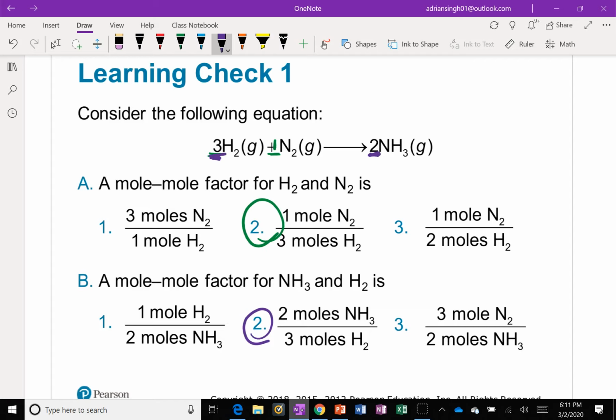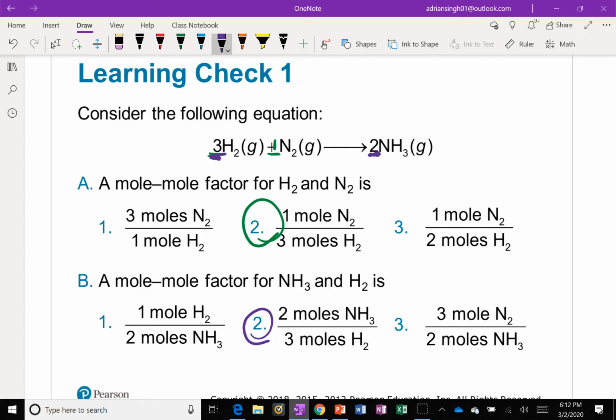We're reading the coefficient as a mole-to-mole ratio. That's all that this is. It may not seem like a big to-do, but it's actually the most important part of this whole stoichiometry business, because it relates one thing to another thing in the equation. It's sort of like the hub of your stoichiometry wheel.